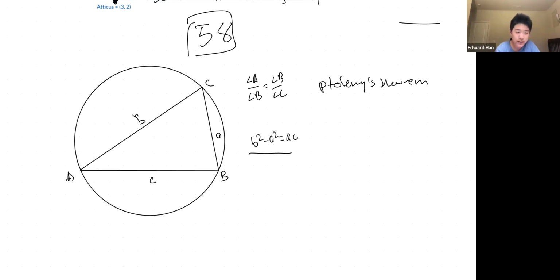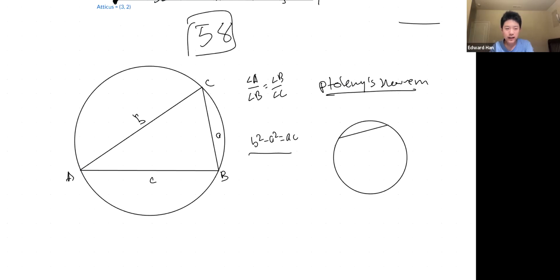Ptolemy's theorem talks about a circle. Wait, let me draw a smaller circle. If there are four points on that circle, with lines between those four points, that gives a cyclic quadrilateral.